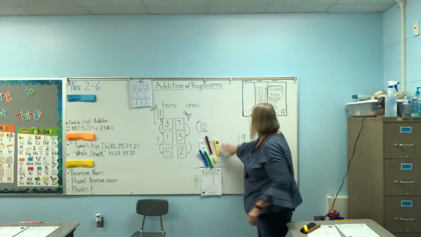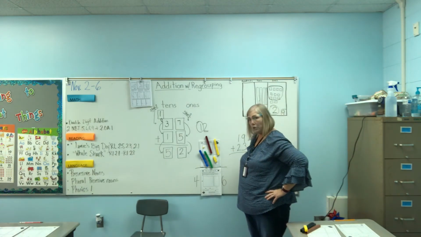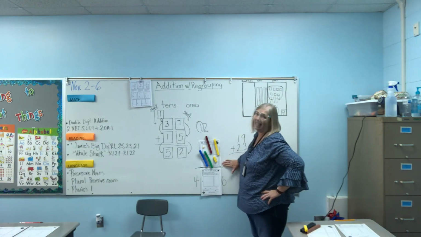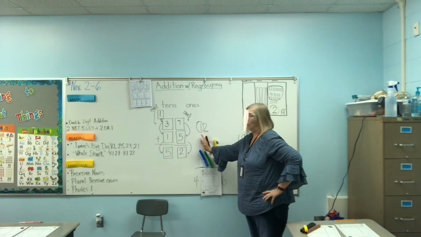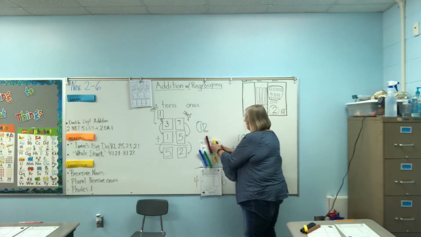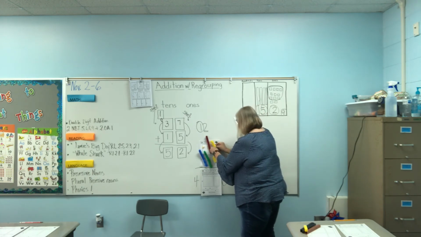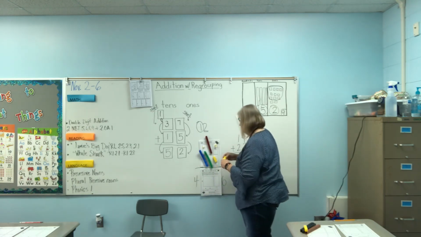So the first thing we're going to do is work on our 1s column, because we have to make sure we only have 9 total. Otherwise, we need to move a group over to the 10s. So we know this is 9, and there's 3, so we're going to have to take 9 minus 3 equals 6.